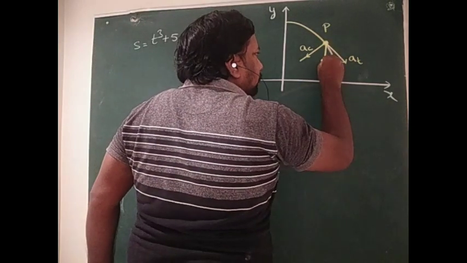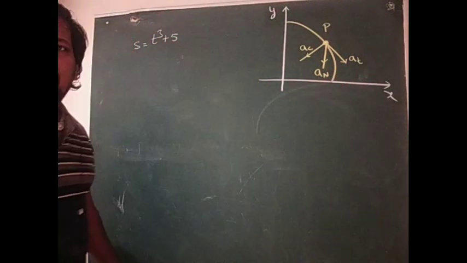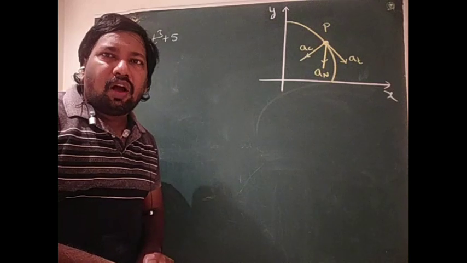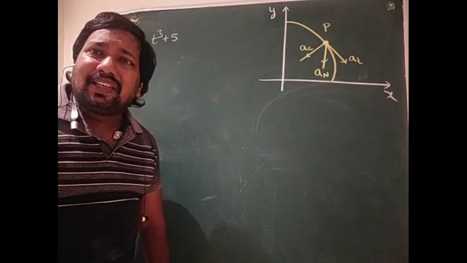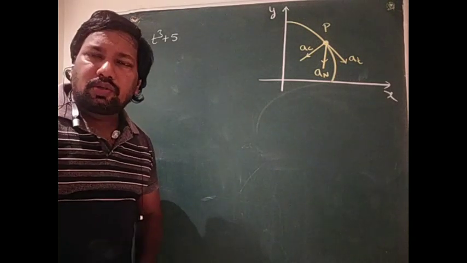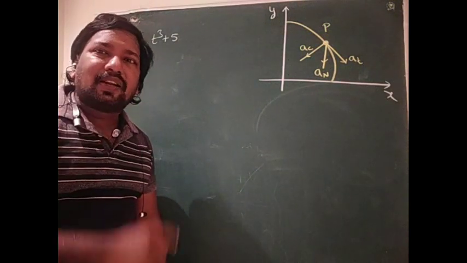We can find the resultant acceleration, that is the net acceleration of the particle P. Here the particle is revolving in non-uniform circular motion. In the case of non-uniform circular motion, two accelerations are there.